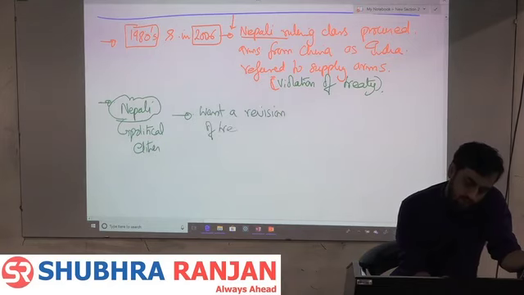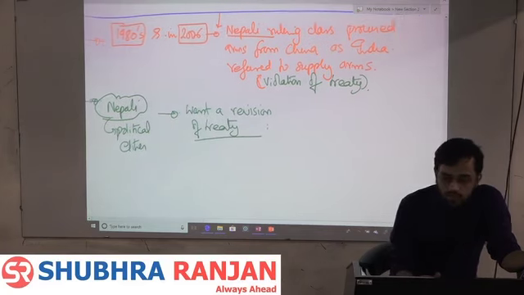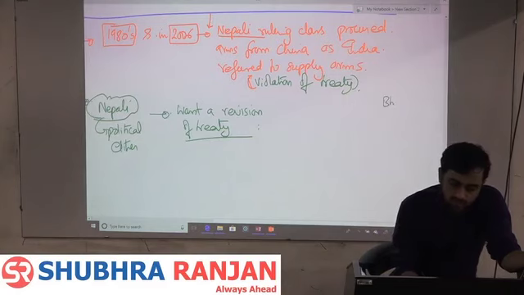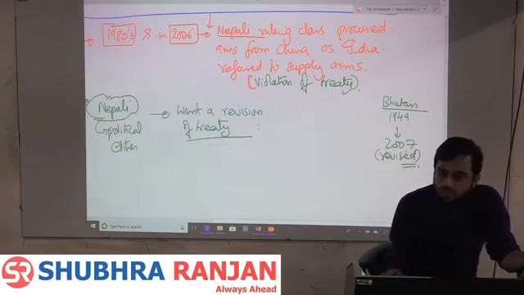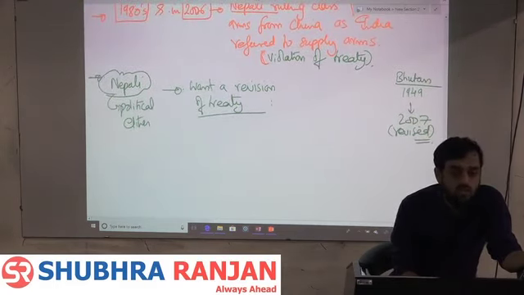It is worthwhile to note that in the case of Bhutan, we also have a friendship treaty that was signed in 1949, and this treaty was revised in 2007. So India revised its friendship treaty with Bhutan, and we'll talk about that later. But Nepali politicians have also wanted a revision of the treaty from time to time.